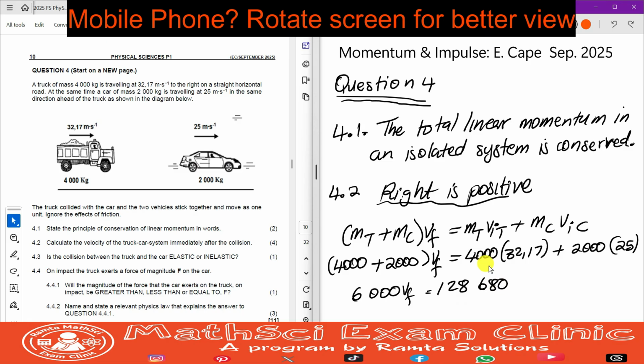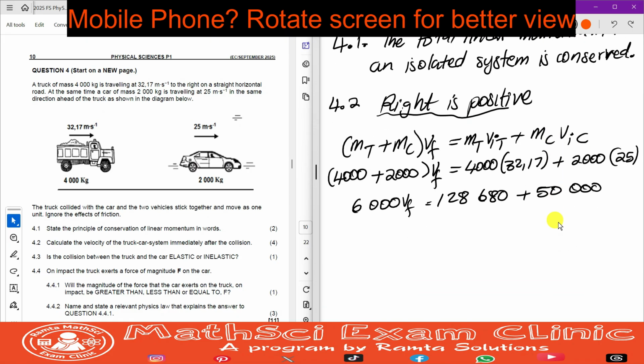That becomes 128,680. This must be negative 50,000. So 128,680 plus negative 50,000 will become 78,680. So 6,000 times final velocity equals 78,680.